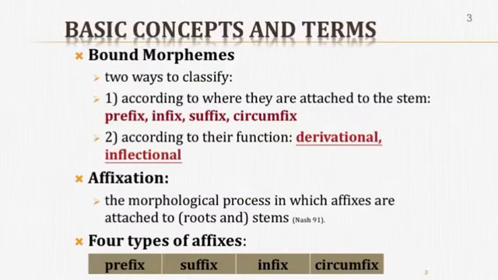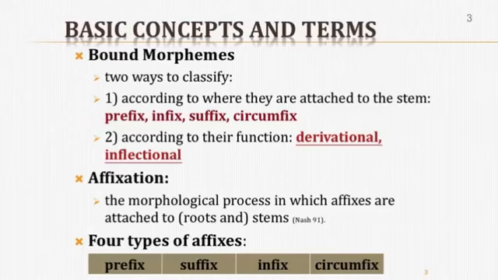Now we are talking about two ways to classify bound morphemes. Earlier we talked about inflectional and derivational morphemes, and now let's get to a second way, according to their position. If you add something to a morpheme at the beginning, we call it a prefix.